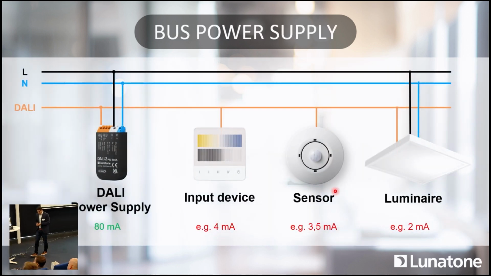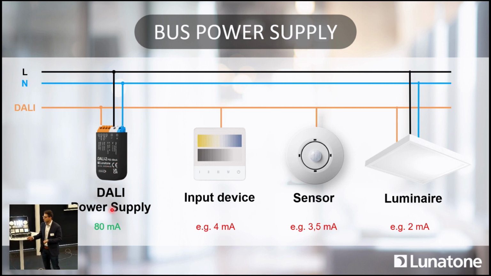And how could such a setup look like? So this is a typical installation. You have the DALI bus power supply, coincidentally from Lunatone. It supplies the bus with 80 milliamps, and then you have the consuming devices, which could be that device you see here, a sensor, and a luminaire itself.